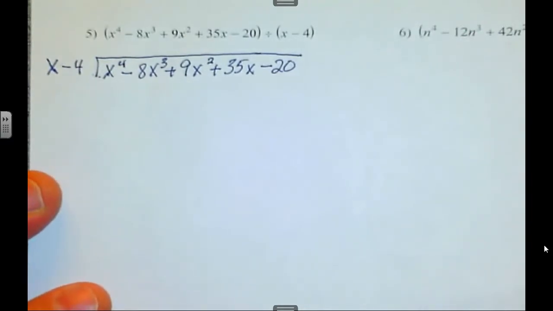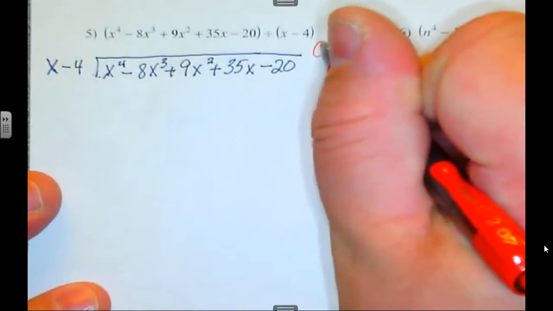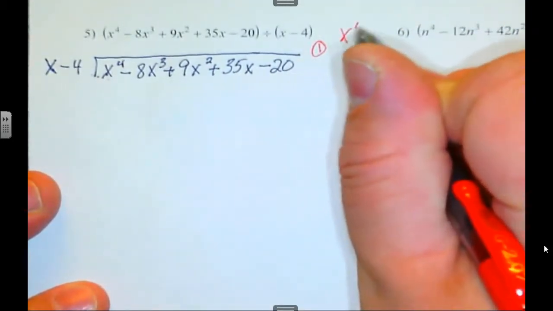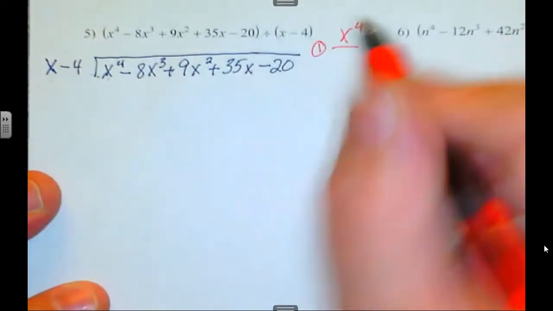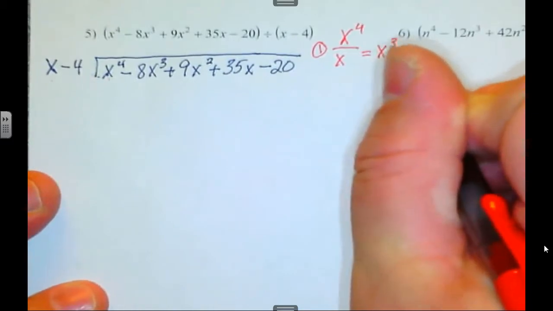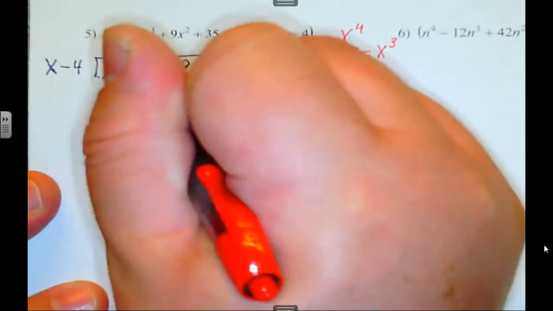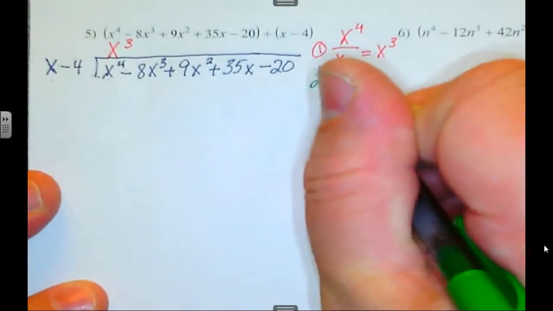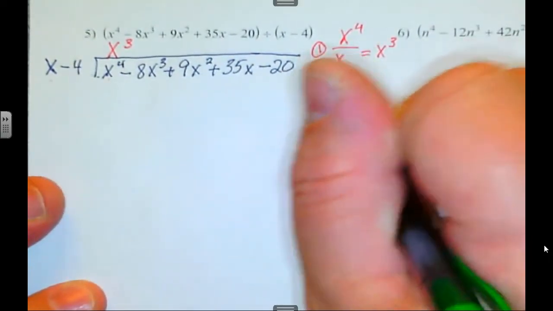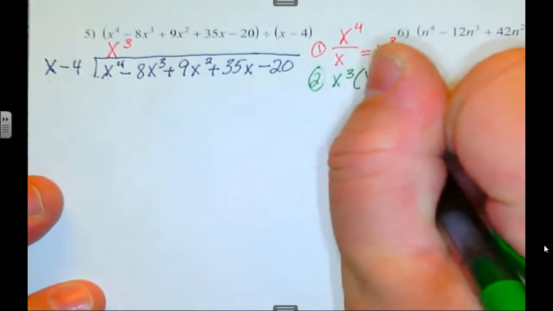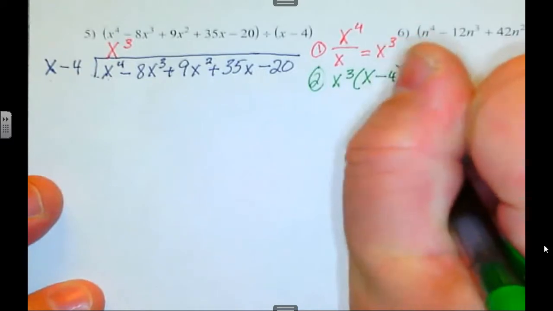Okay, first step, divide. We're going to take x to the 4th divided by x. I get x cubed. Second step, multiply. X cubed times my divisor, x minus 4.